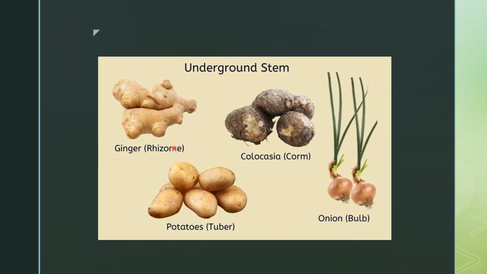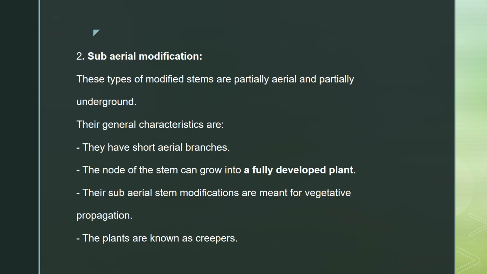These are the four types of underground stem modification: the bulb, the corm, the rhizome, and the tuber. I hope it's all clear to you. Now there is another group for the stem modification, which is the subaerial modification.